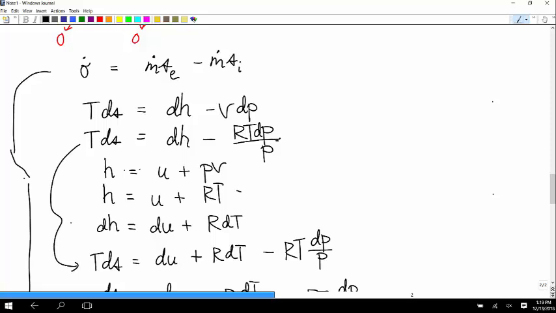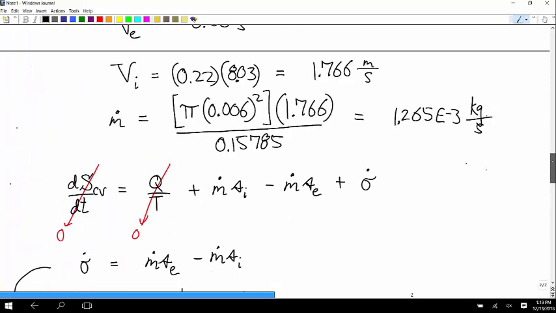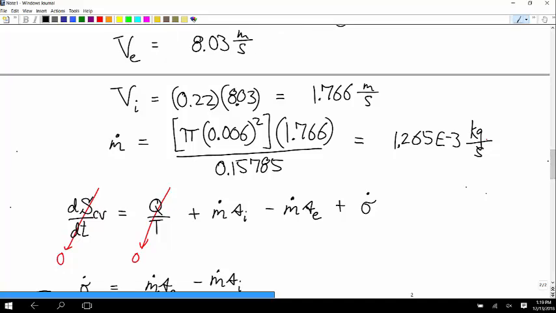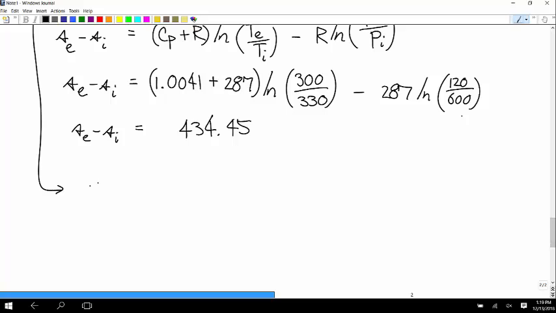Okay, so the mass flow rate is 1.265 times 10 to the minus third. Sigma dot is equal to 1.265 times 10 to the minus third times that change in specific entropies, 434.45.